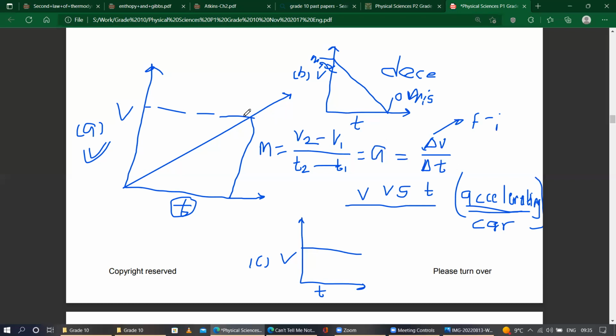I think they're mostly going to give you a velocity versus time graph or a displacement versus time graph.